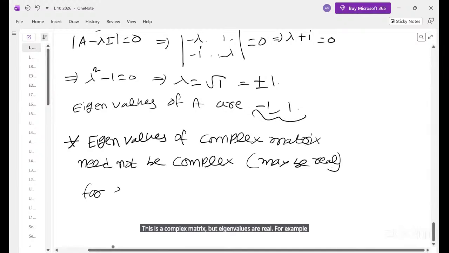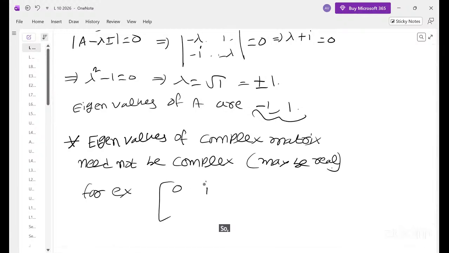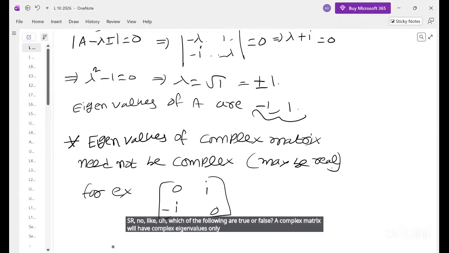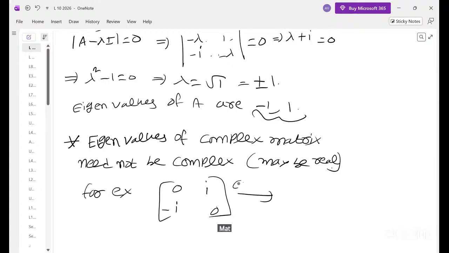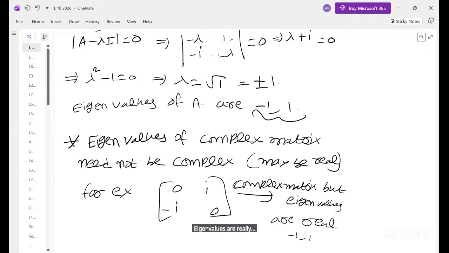You may get true or false questions, like which of the following are true: a complex matrix will have complex eigenvalues only; real matrix eigenvalues are always real. Like this, options will be given to you. So need not be. This matrix is a complex matrix with real eigenvalues: 1, minus 1.